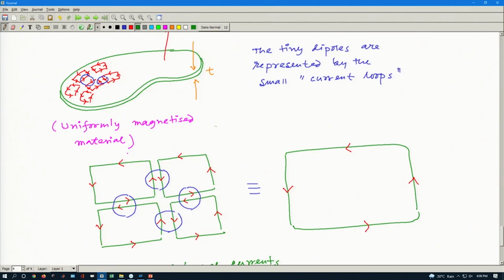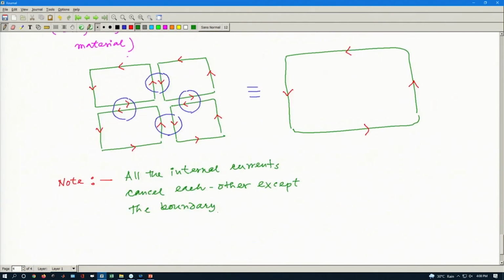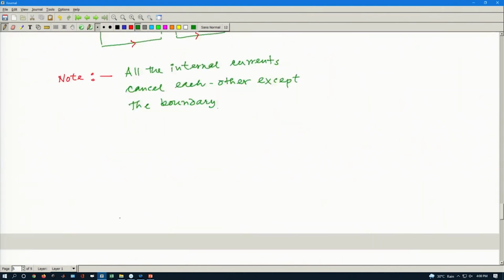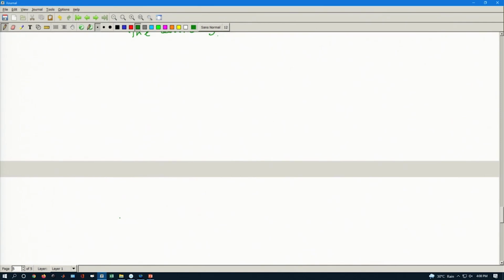So, this figure, whatever figure I draw, eventually becomes an equivalent figure where a strip is there, not the entire region, because all the currents are cancelled. If I just try to replace it, it was like this.